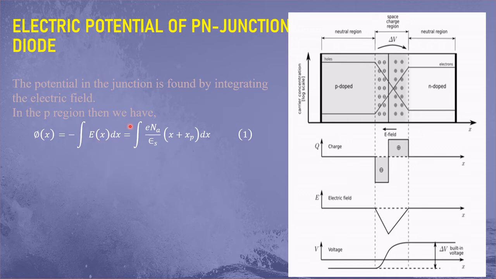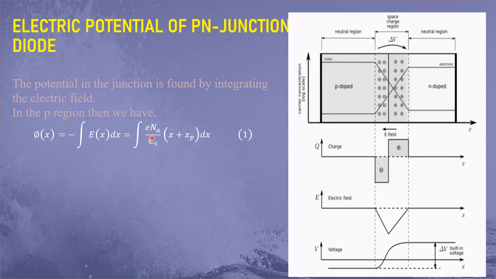E(x) is the electric field. We know the value of E(x), that is q N_A divided by epsilon_s times (x plus x_p), which we got in the previous class, into dx. So this is equation 1.